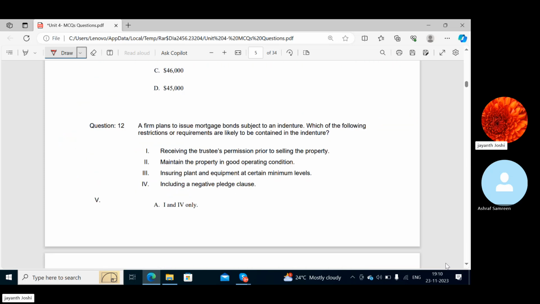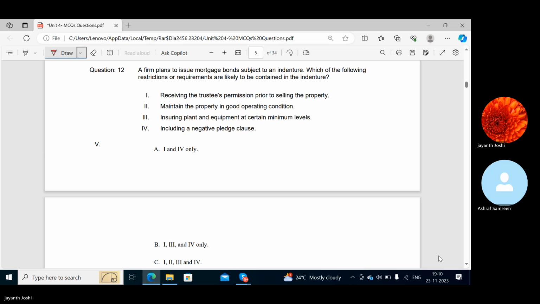Next question. A firm plans to issue mortgage bonds subject to an indenture.